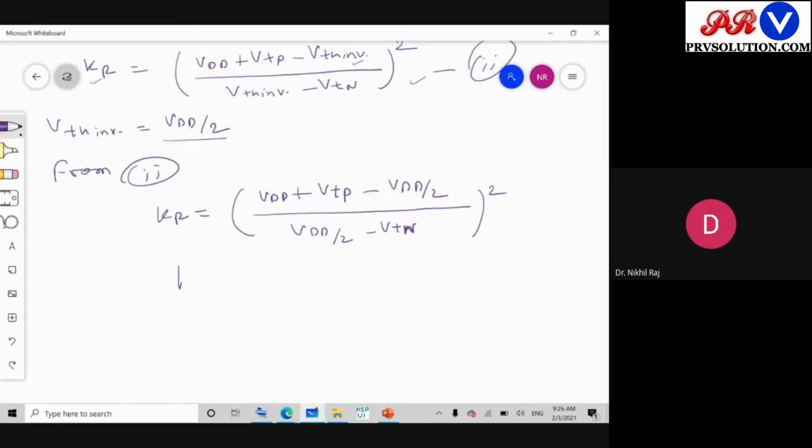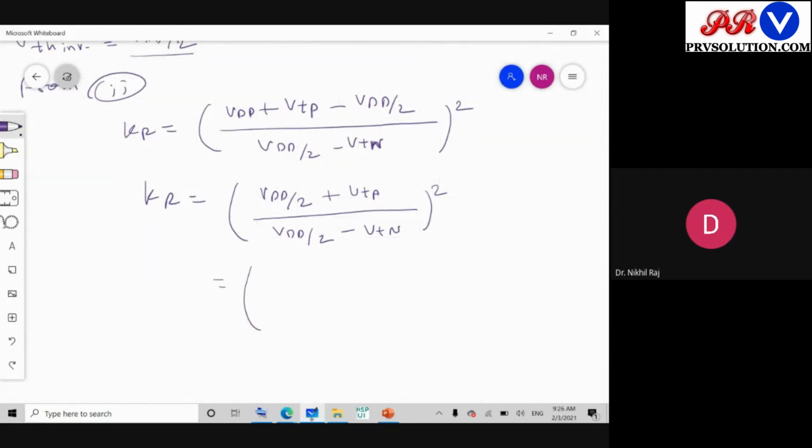So KR is nothing but (VDD/2 + VTP) divided by (VDD/2 - VTn) whole square. Okay, this is the KR equation we got.